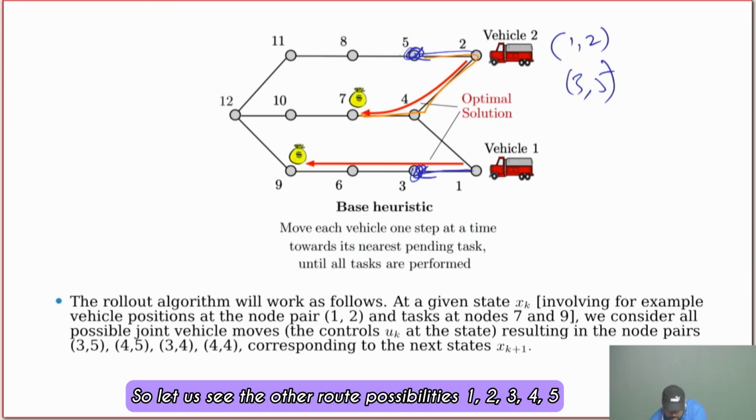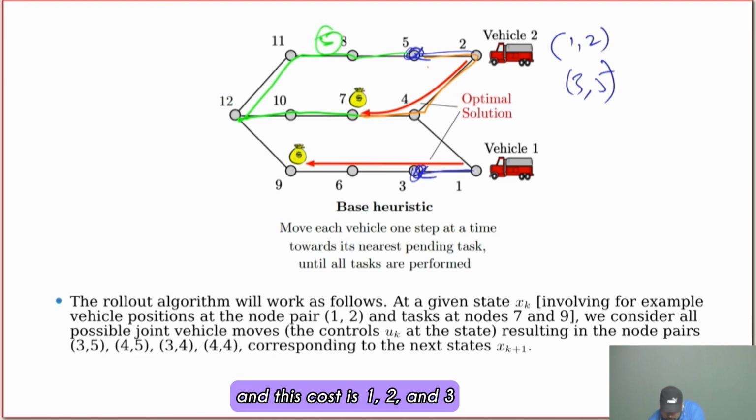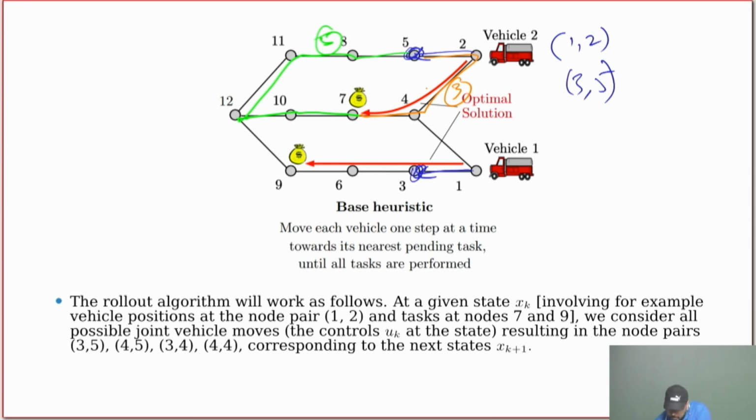So let us see, the other route possibility is 1, 2, 3, 4, 5. So this cost is 5 and this cost is 1, 2, 3. Another possibility for vehicle 2 could be, let us say, here it's like 1, 2, 3, 4.